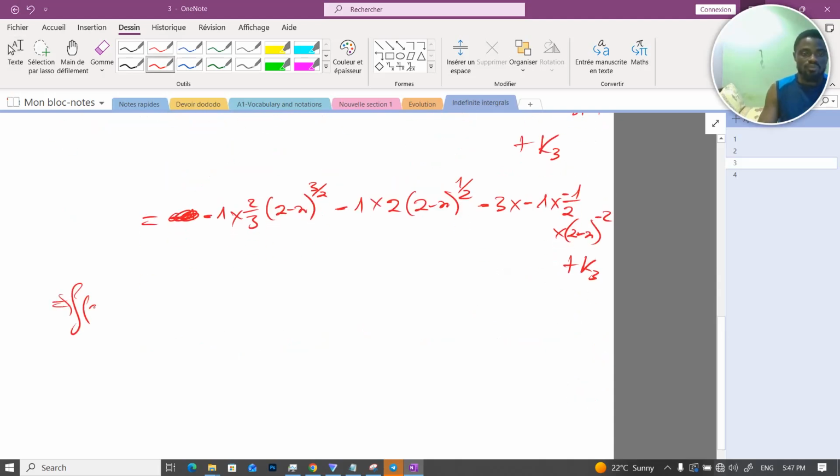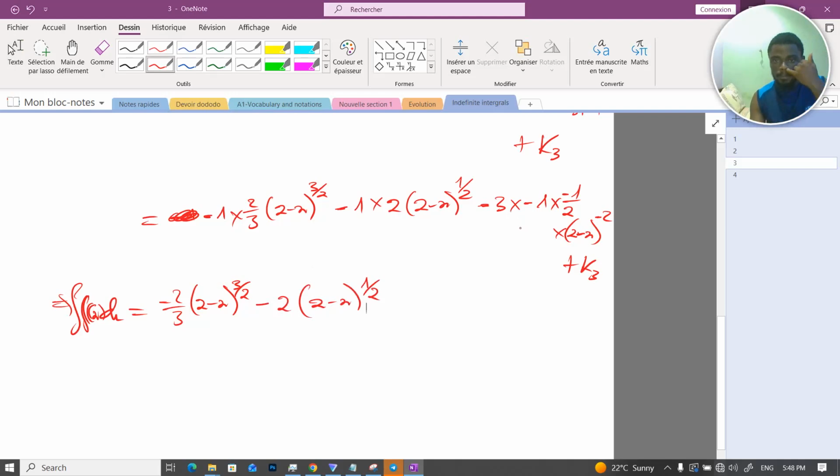It implies the integral of f of x dx will be equal to minus 2 on 3 times 2 minus x to the 3 on 2, minus 2 times 2 minus x to the half, and this is minus 3 times this, which gives minus 3 on 2 times 2 minus x to the minus 2, plus the constant of integration k3.